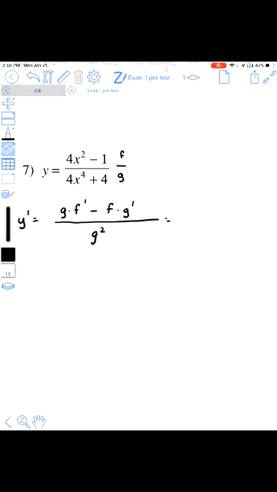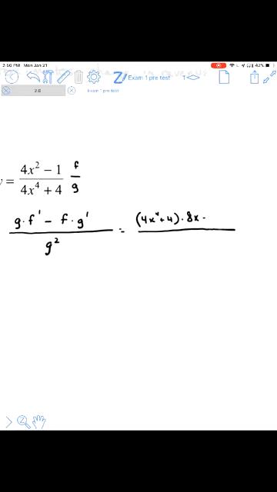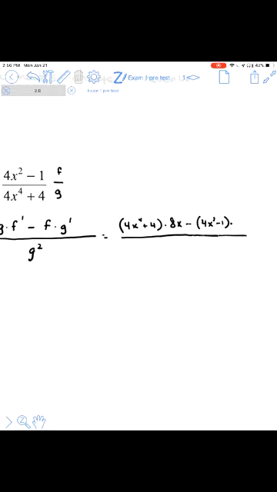So we can start with g, which is 4x to the fourth, times f prime, which is going to be 8x, minus f times g prime, which is 16x cubed all over g squared.